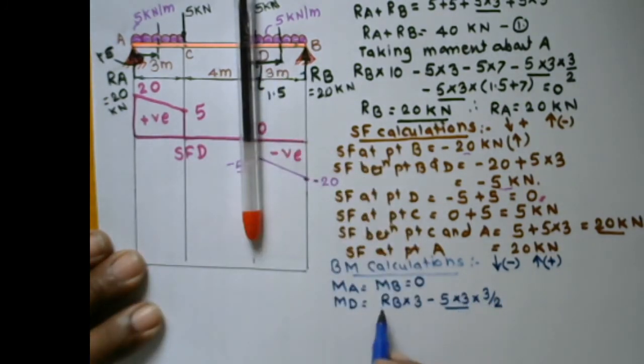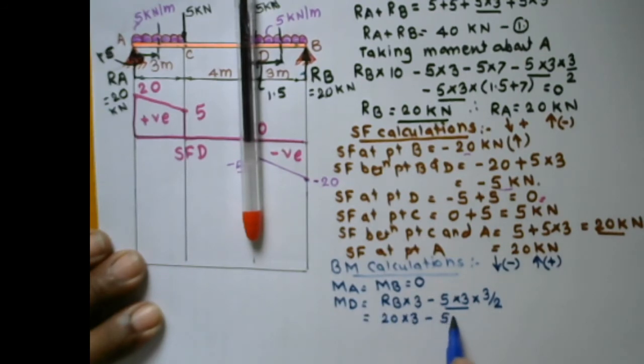So put the value of RB 20 kilonewton: 20 into 3 minus 5 into 3 into 1.5. So bending moment at point D is equal to 37.5 kilonewton meter.